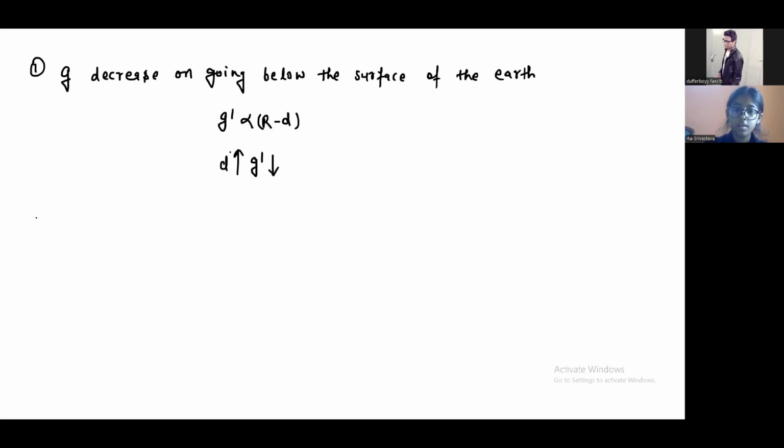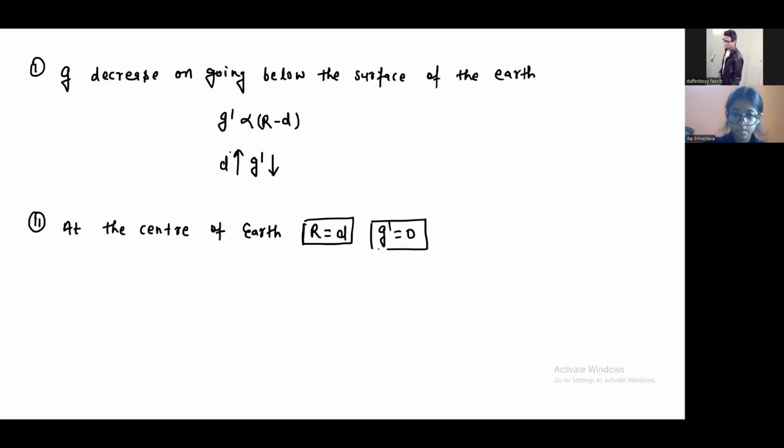Second point: at the center of the earth. When anyone asks you what the g value at the center of the earth is, we can say R is equal to d, that means g dash is equal to 0.